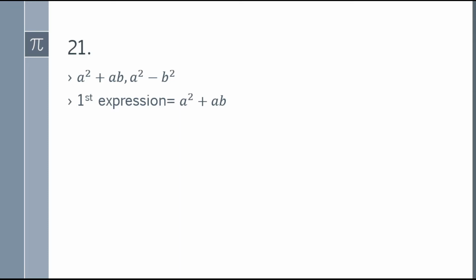So the first thing you have to find is if there is anything common here. Okay, so yes, if we write a square as a into a, then ab is a into b. So you can easily find that there is something common here.